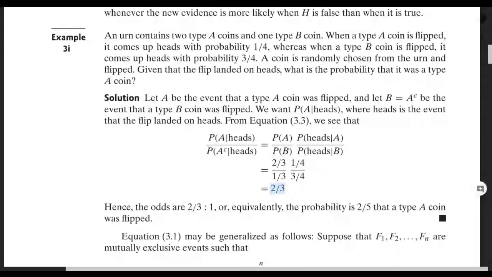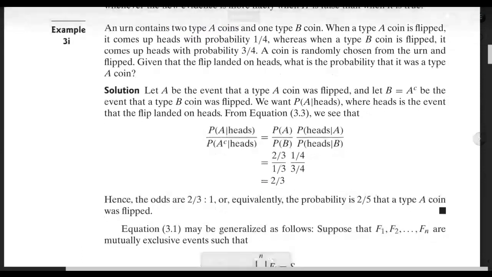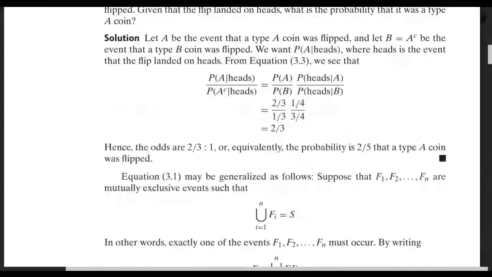So what's the probability that it was a type A coin? If we flip a coin and it landed on heads, the probability that it is from A is 2/3. Is this a coincidence? Because the odds are the same as this. Hence the odds are 2/3.